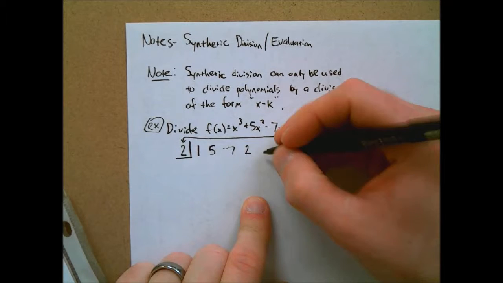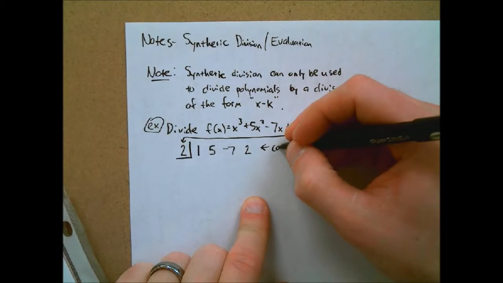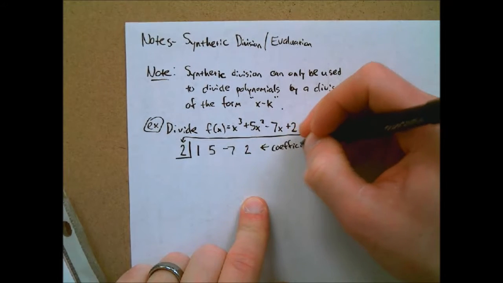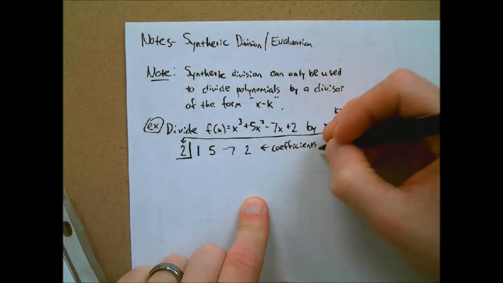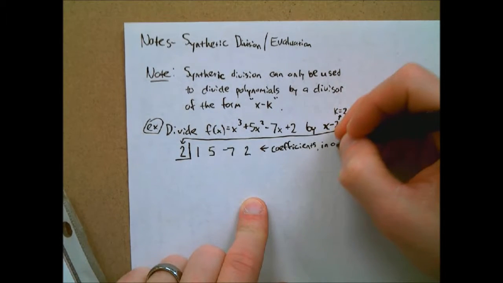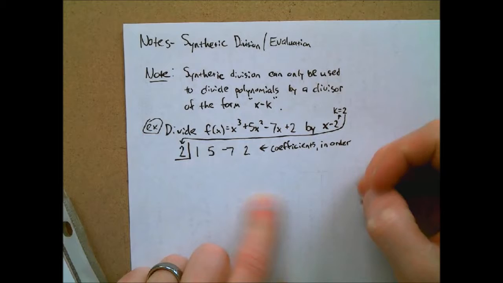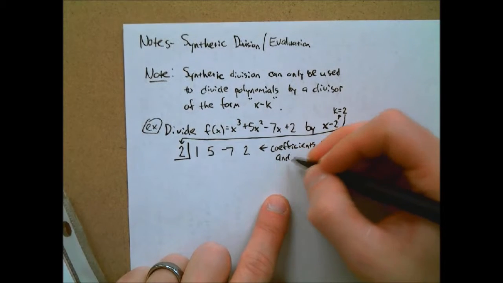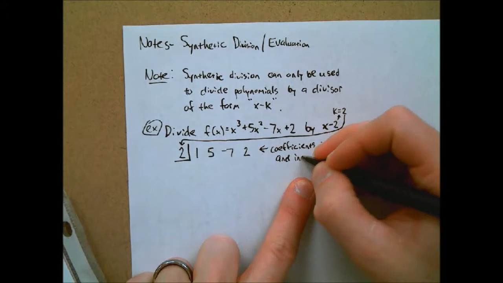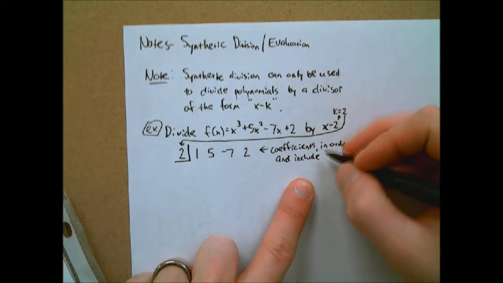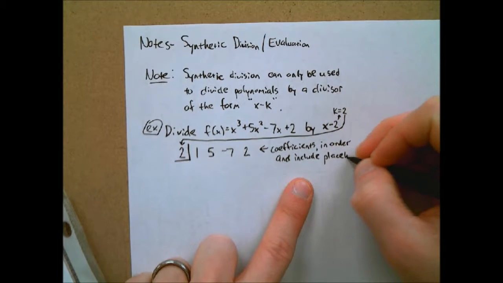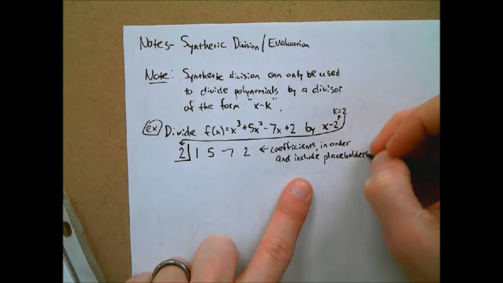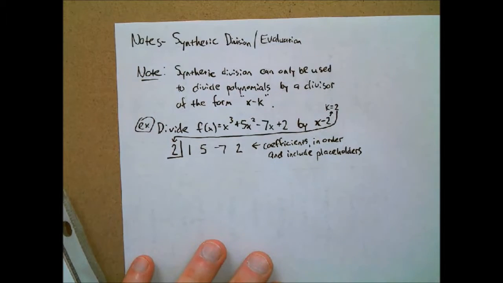So, again, I'll label these here. These are the coefficients, in order, and include placeholders. That's their zeros. Okay, they hold the place for those missing terms.